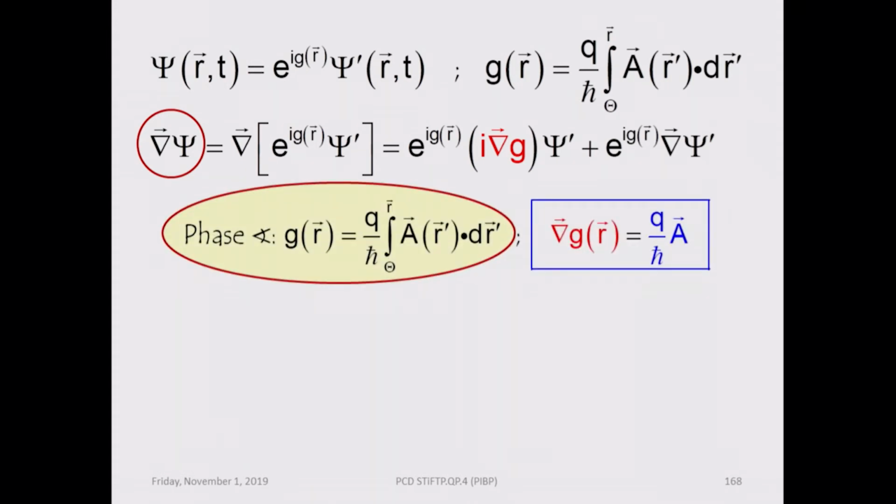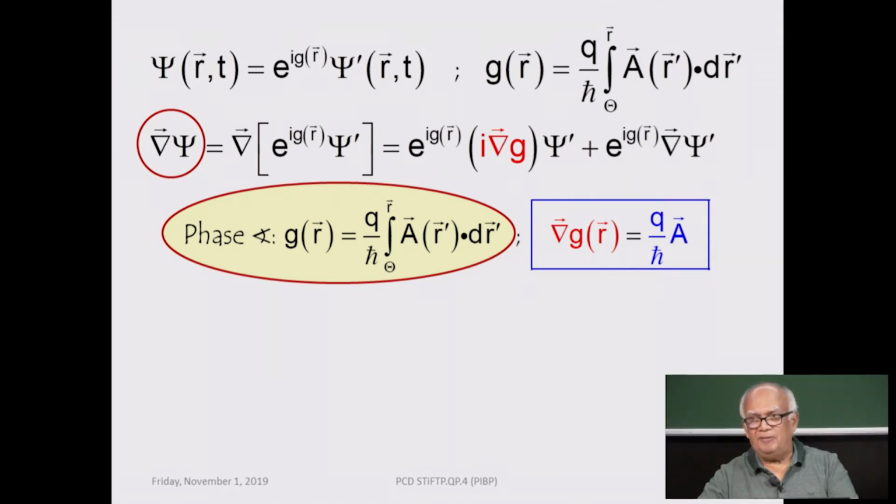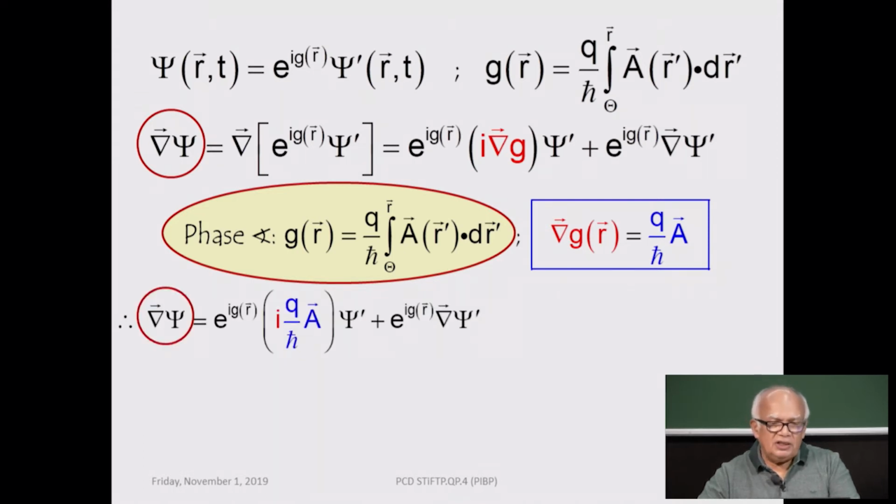As for the gradient of G, G itself is an integral, and now you are going to take its differential, so you will get the integrand. Okay, so you get q over h cross A. So that is the gradient of G. You can put it in the expression for del psi.